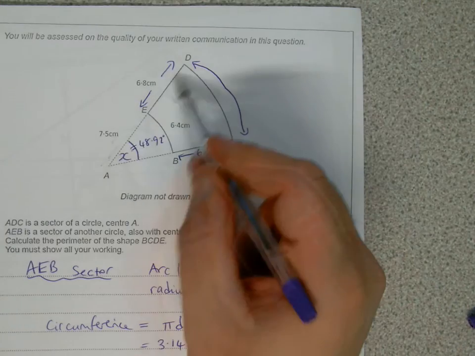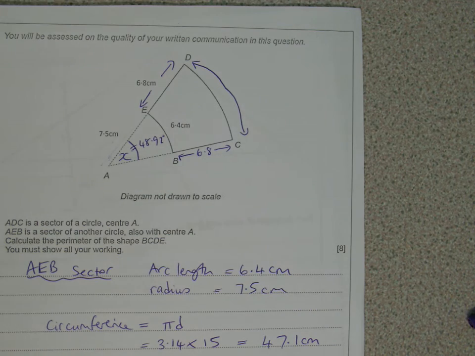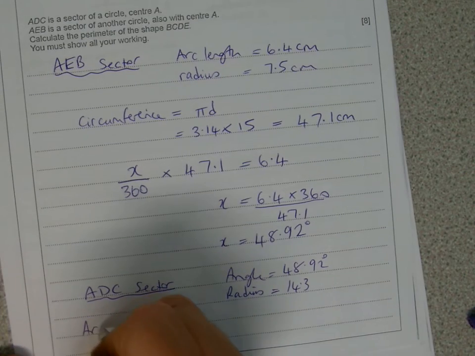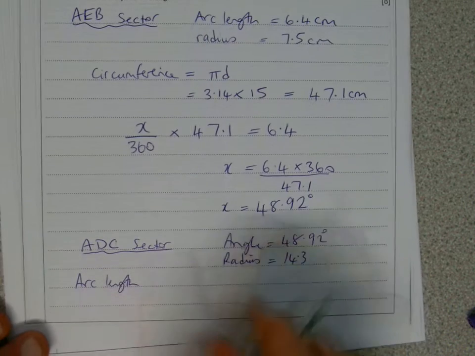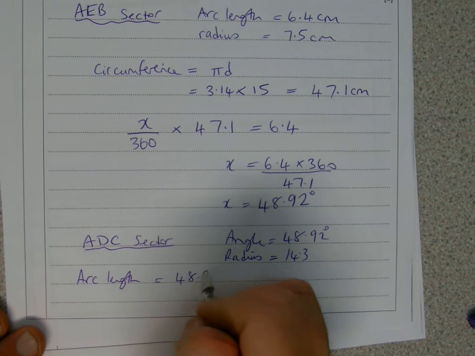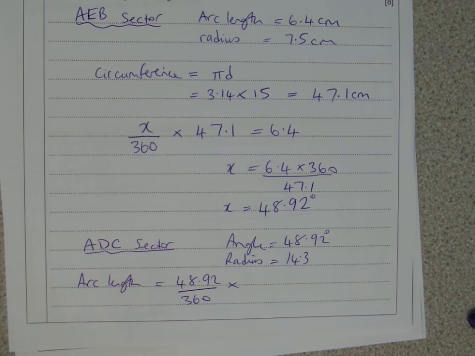Well, the radius is these two combined, that'll be the whole radius. If I add them together, I get 14.3. So then, to get the arc length, I've got to do the fraction, which will be 48.92 of the full circle, which is 360, and I need to times that by the circumference.